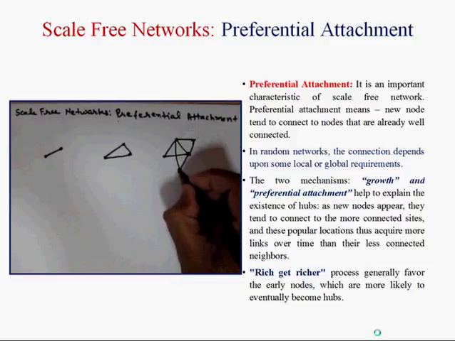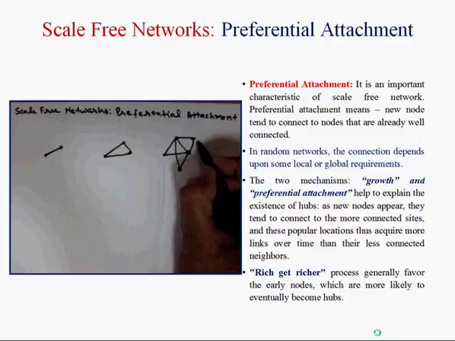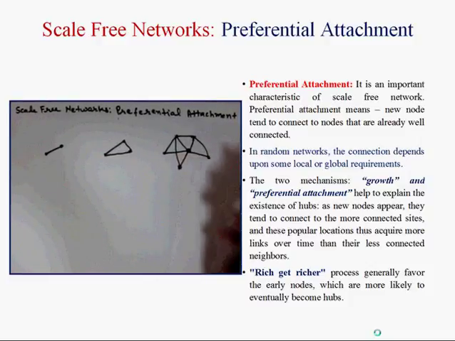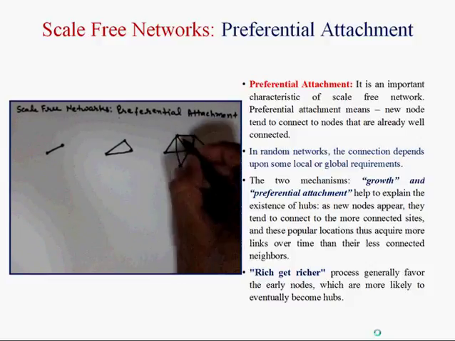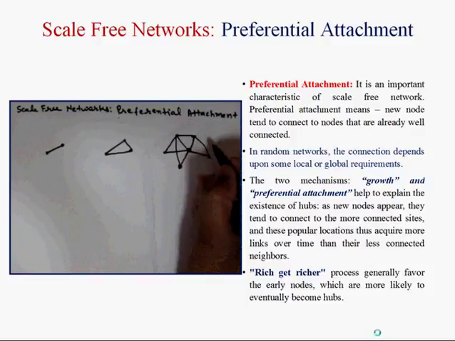Now similarly at next stage, it will treat like this. Similarly, we can increase the size of the network by adding new nodes, and every time the new node will search the highly connected nodes or hubs.